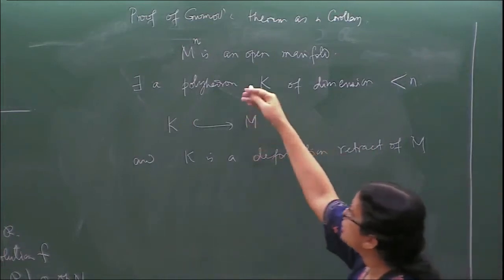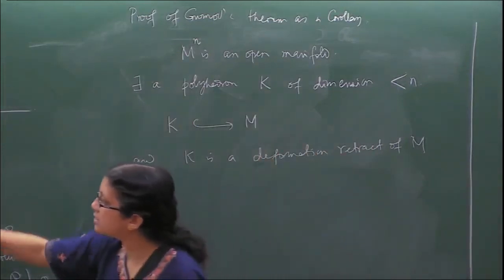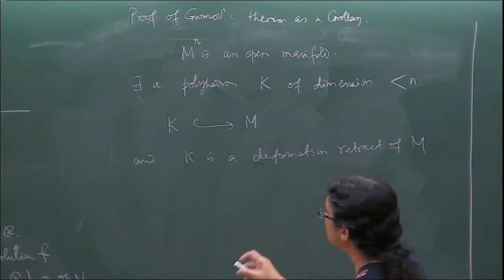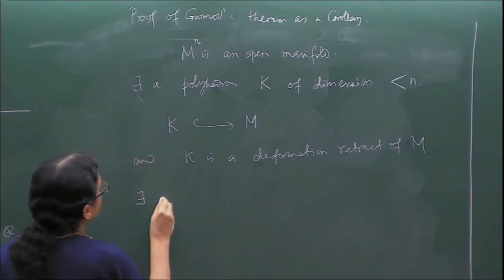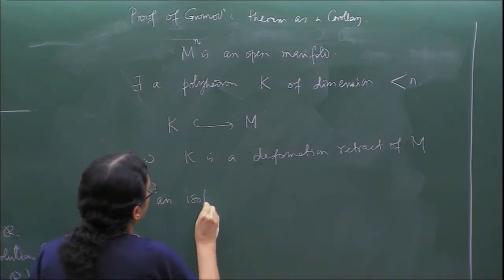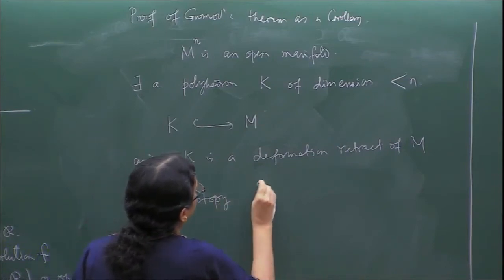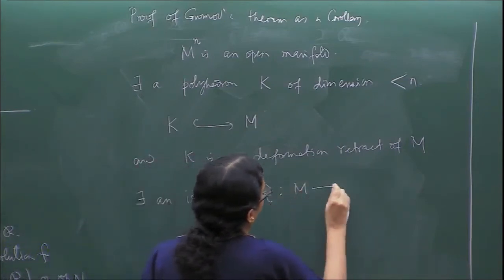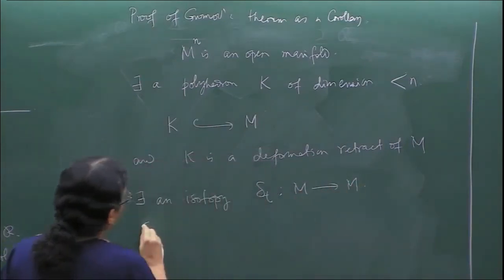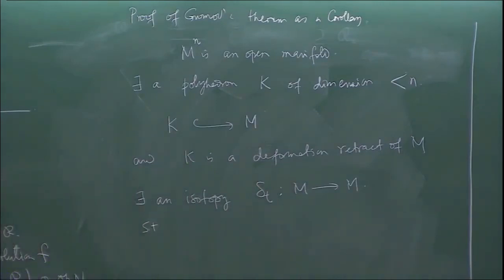Now, once you know this thing and you know this result, then what happens? There exists an isotopy delta t from M to M such that, now suppose you have, by this theorem, got a solution on this.